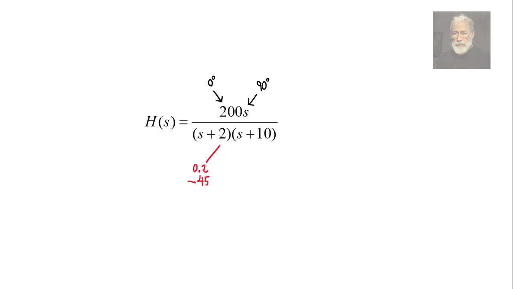In the first one, at 0.2, it will add a slope of negative 45 degrees per decade, and on the decade above it, at 20 radians per second, it cancels out that slope with a positive 45 degrees per decade. Something similar happens with the pole at 10. The corners are at 1, negative 45 degrees per decade, and at 100, the canceling out of plus 45 degrees per decade.